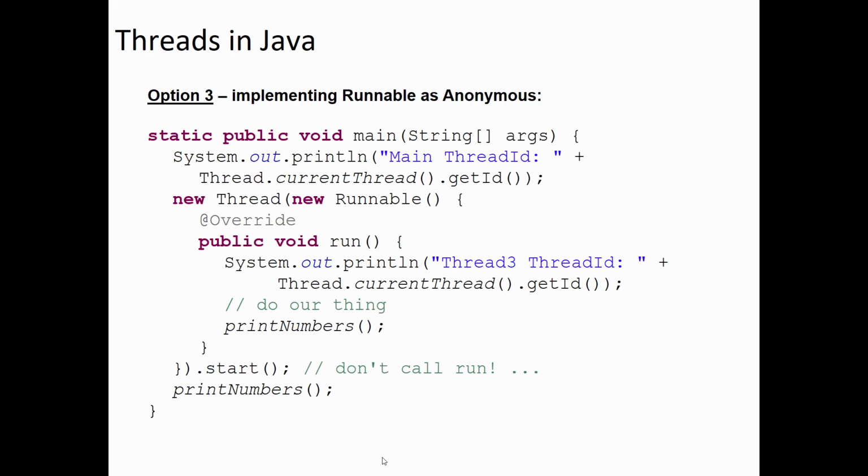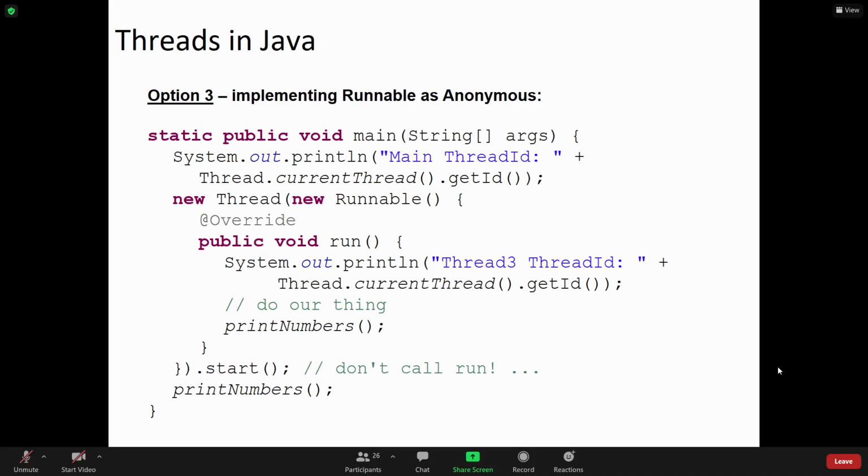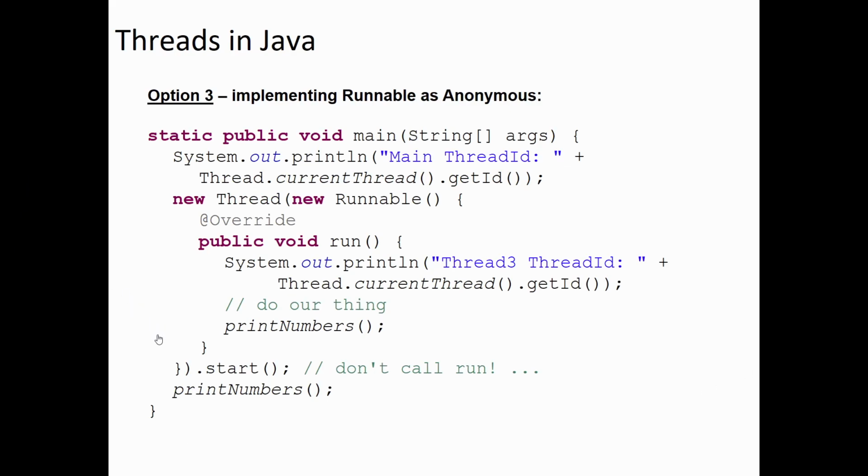And the third option, which is really the second option, but run with so-called anonymous classes. This is a quite common solution for doing simple things, in a Java style, I would say. I will come back to the previous slide.